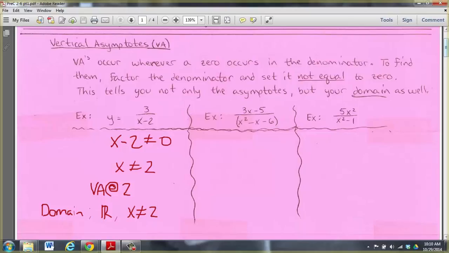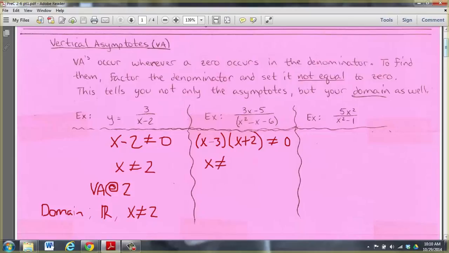In example 2, though, we would need to factor. So the denominator factors to x minus 3, x plus 2, and that cannot equal 0. So again, it's not all that difficult.